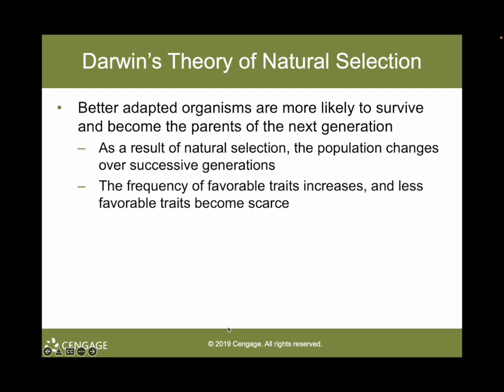So Darwin had at last developed a workable scientific explanation of evolution, that of natural selection, in which better adapted organisms are more likely to survive and become the parents of the next generation. And this is as a result of natural selection.